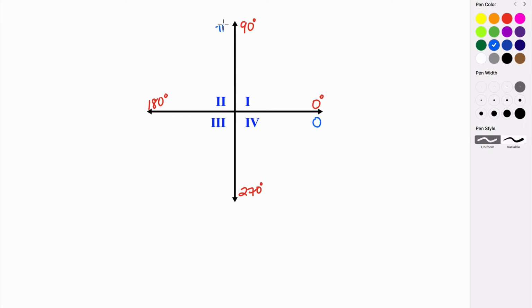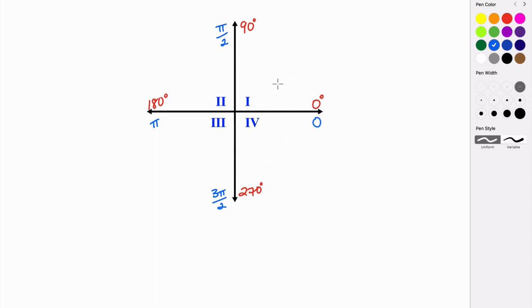So 90 degrees is the same as pi over 2 radians. And then 180, that's half. We said that that's pi radians. And then adding another 1/2 pi is going to put us at 3 pi over 2 radians. So 270 is 3 pi over 2. And then we complete our full 2 pi radians by the time we get back to the positive x-axis.